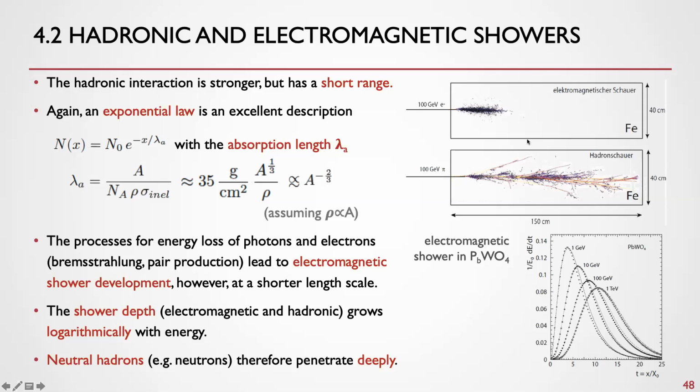The hadronic interaction is strong, but it is a short-range interaction. It only happens in the nucleus. Again, an exponential law is an excellent description. Similarly to the radiation length, for hadronic interaction we have an absorption length.